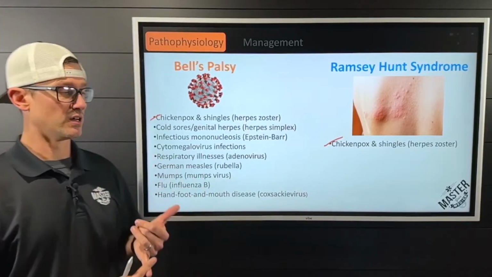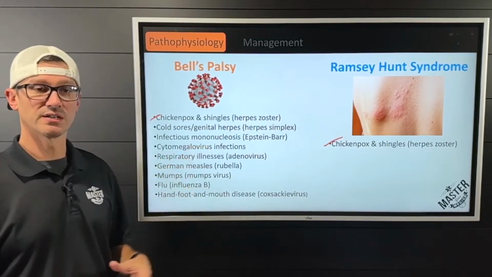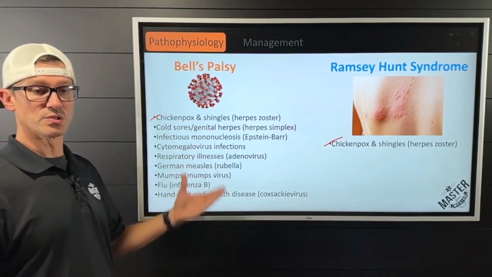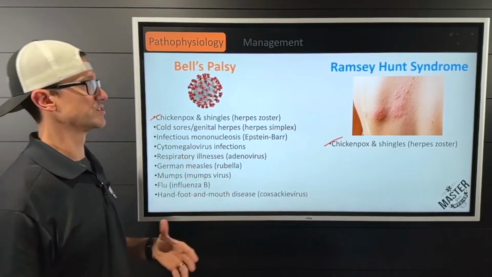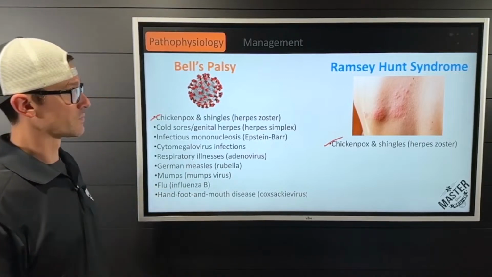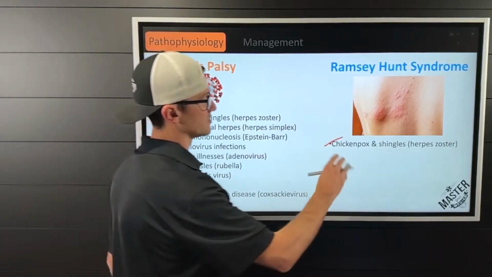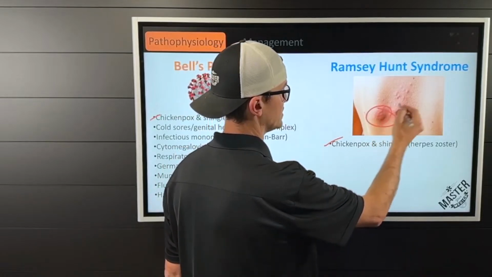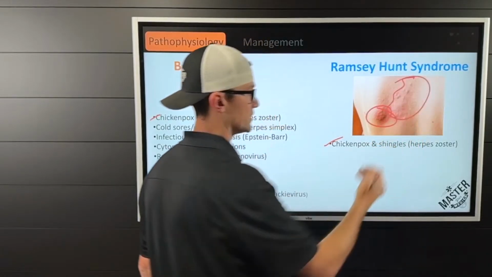A lot of this can be prevented by vaccinations, inoculations, which reduces the likelihood of these occurrences, but they still can occur. What we'll notice here is with the shingles, if that does occur, it's generally going to be with that shingles outbreak.